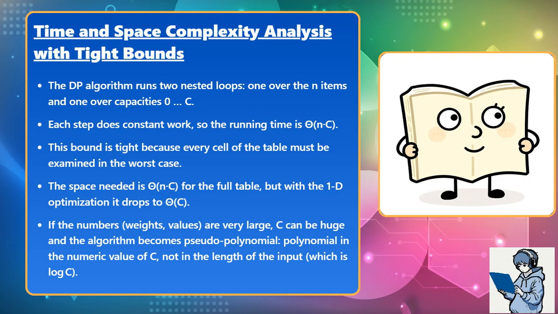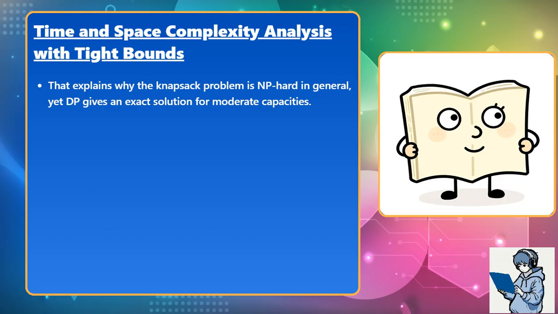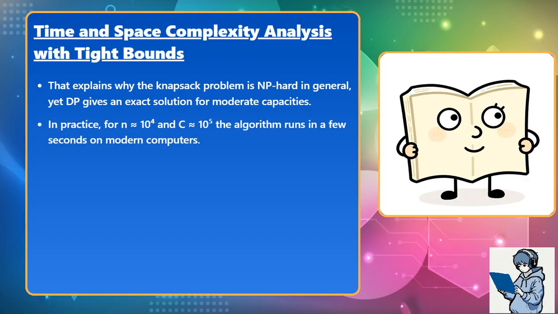If the weights and values are very large, c can be huge and the algorithm becomes pseudo-polynomial: polynomial in the numeric value of c, not in the length of the input, which is log c. That explains why the knapsack problem is NP-hard in general, yet DP gives an exact solution for moderate capacities. In practice, for n approximately 10 to the power of 4 and c approximately 10 to the power of 5, the algorithm runs in a few seconds on modern computers.